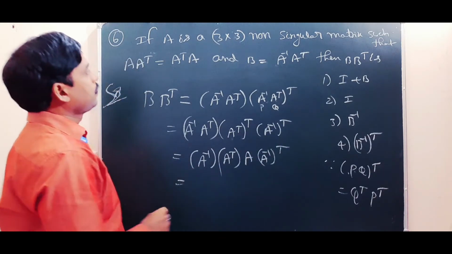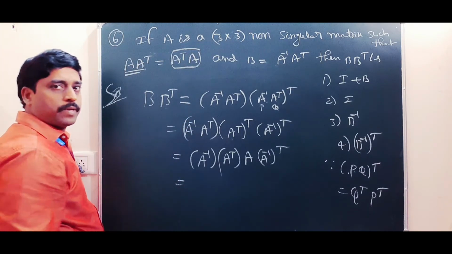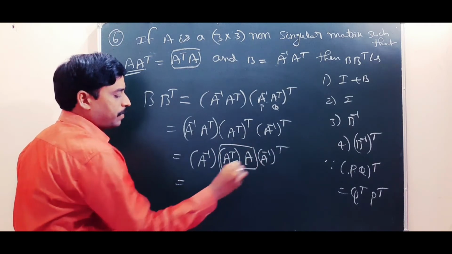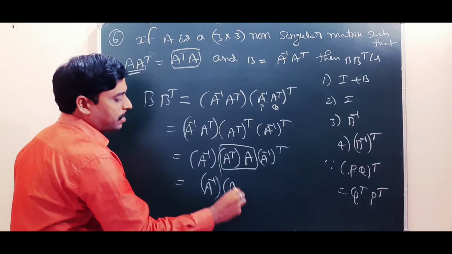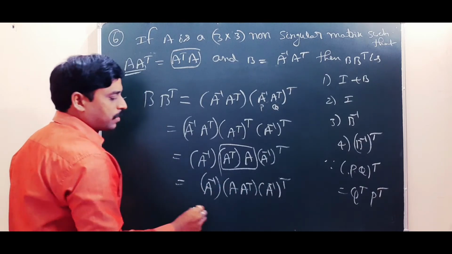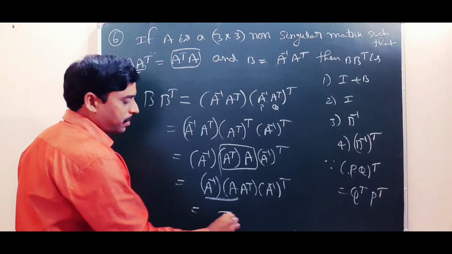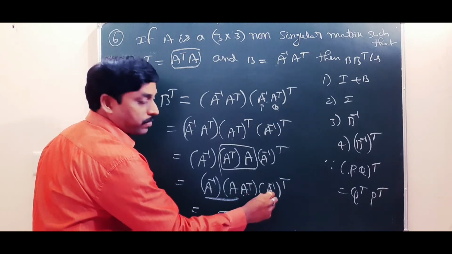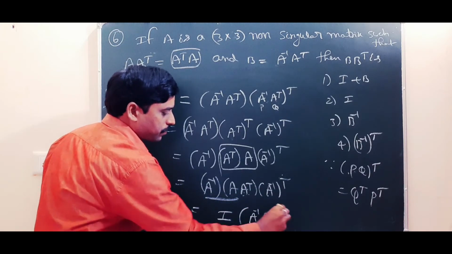So what is given? A transpose into A value; A into A transpose is given. In place of A transpose into A we should write what is given: A into A transpose into (A inverse) whole transpose. So A inverse into A is I. It is going to be A transpose into (A inverse) whole transpose. This is nothing but (A inverse into A) whole transpose.